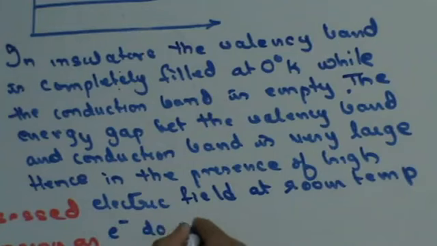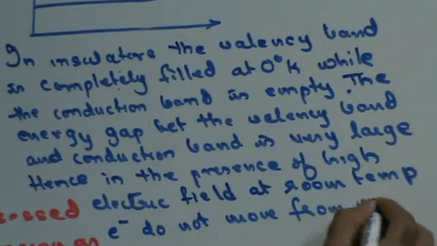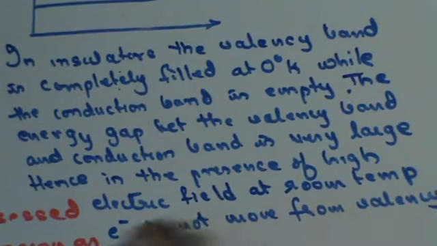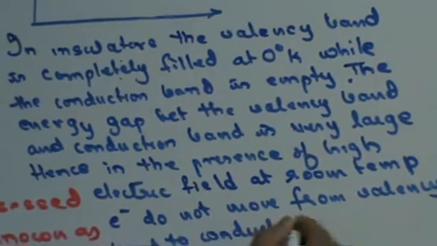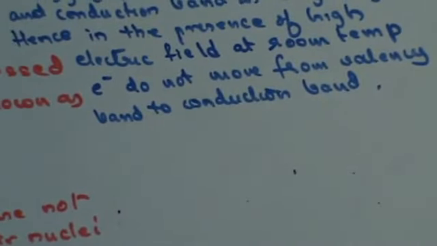Electrons do not move from valency band to conduction band, right?